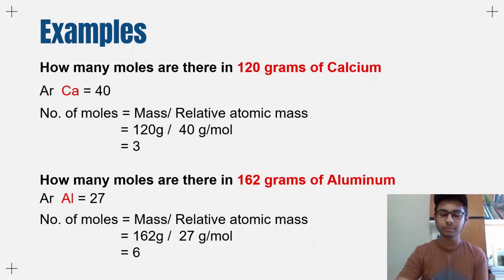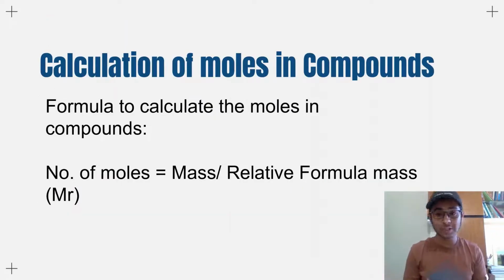Now, as we have learned the calculation of moles in elements, let us learn the calculation of moles in compounds. As you can see, we have another formula for calculation of moles in compounds, that is mass divided by relative formula mass. Notice that the formulas to calculate moles in elements and compounds are very, very similar. The only difference is that in elements, we calculate the moles by dividing mass by relative atomic mass, that is the atomic mass the element has, but in compounds, we divide mass by relative formula mass.